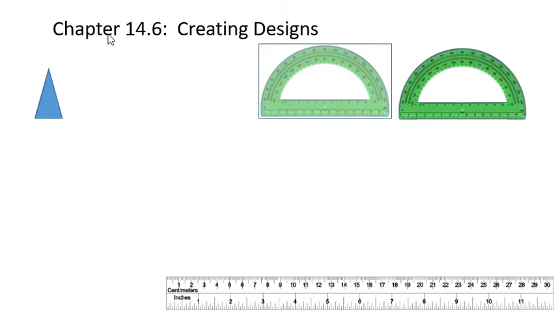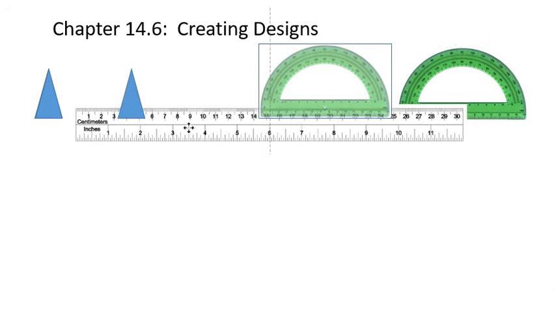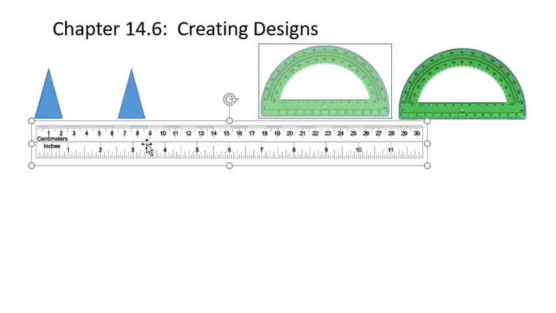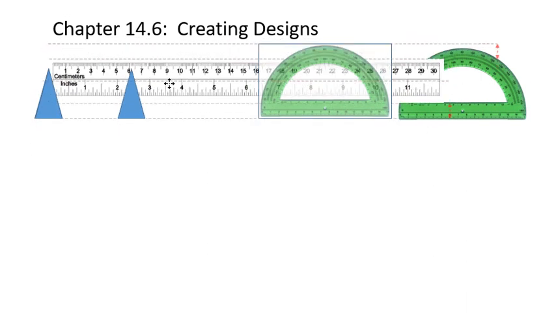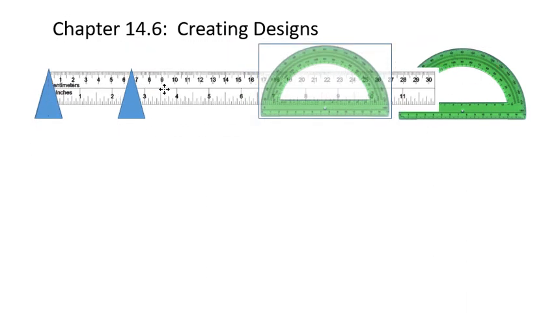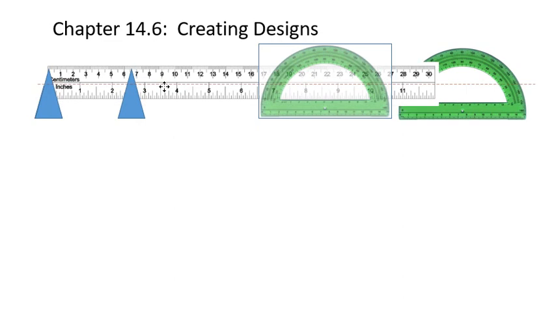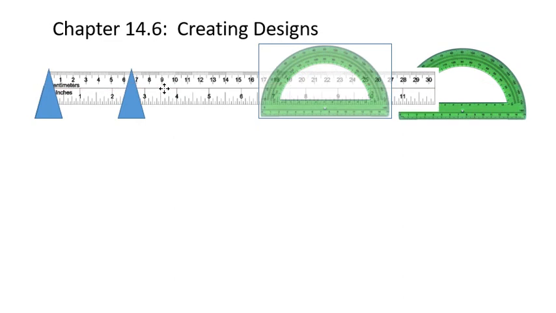I'm now going to show you a translation, what you might know as a slide. This is my starting position, and I move it over this way. I'm going to see how far I've moved it over. Because I translated it, or slid it from here to here, we have to pick the same point on both triangles. To start, I'm going to take the point at the very top.